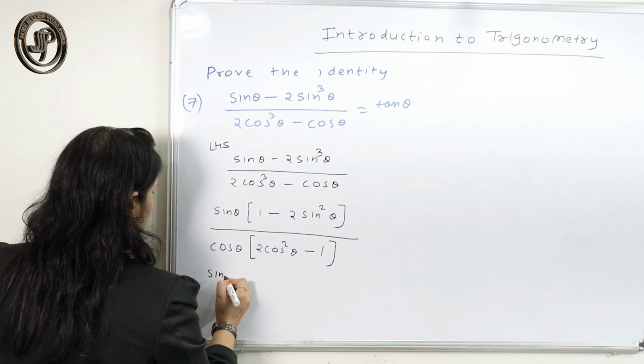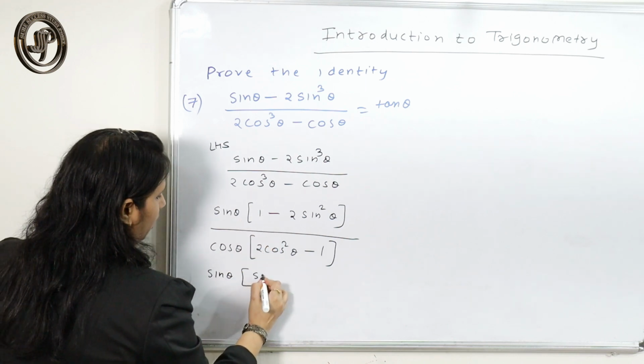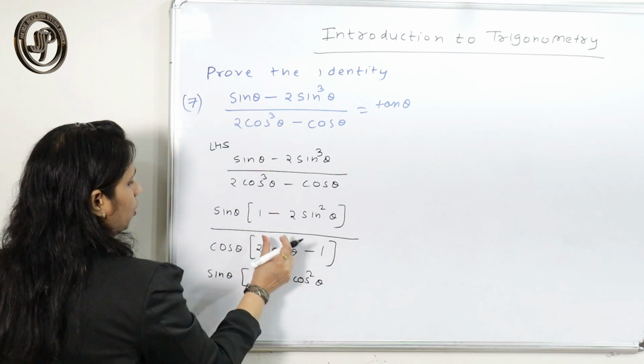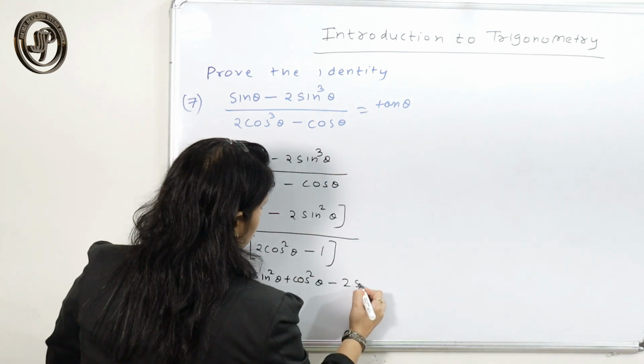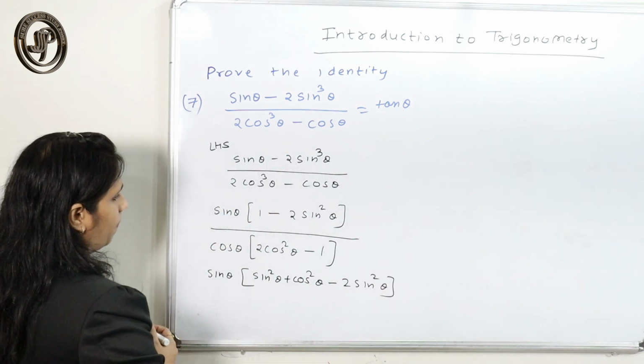Now in the numerator, in lieu of 1, can I write sin square theta plus cos square theta? Yes, minus 2 sin square theta.